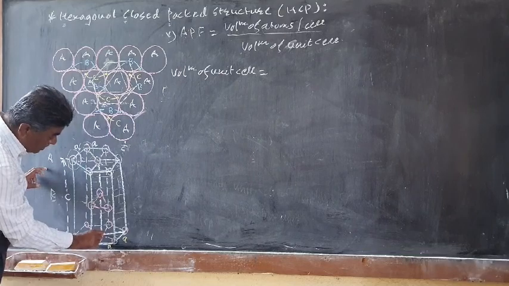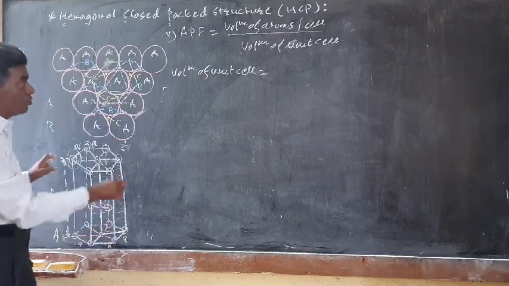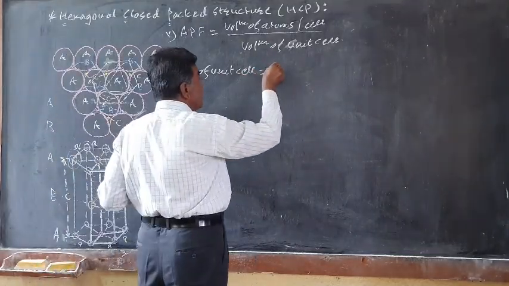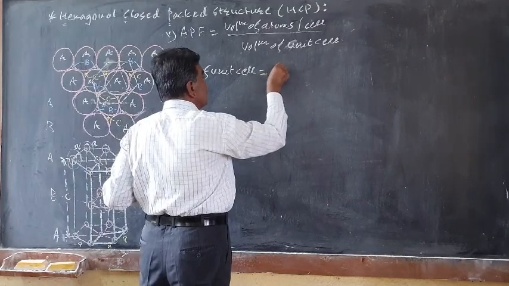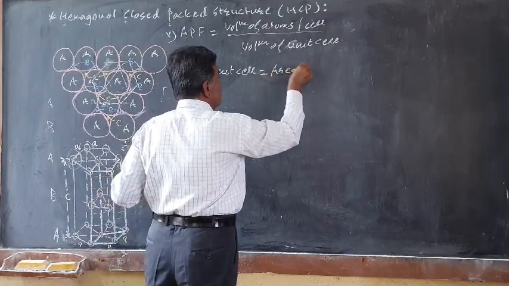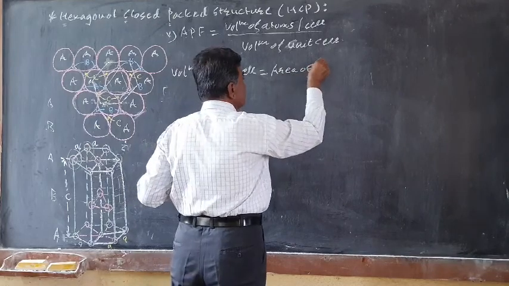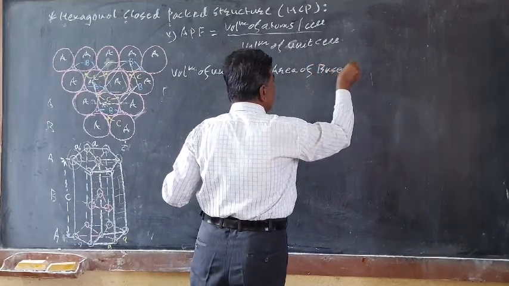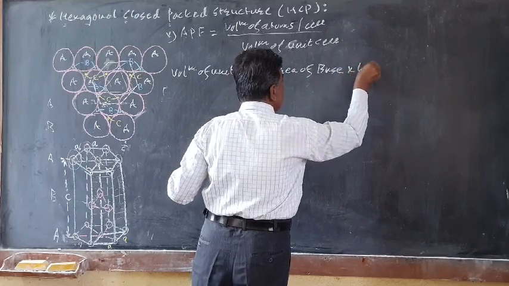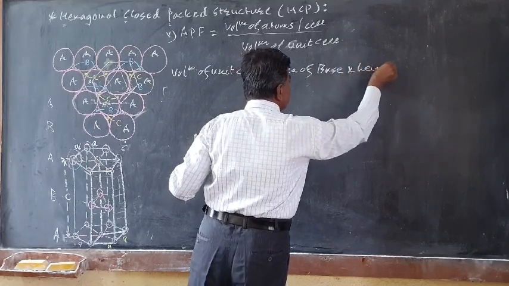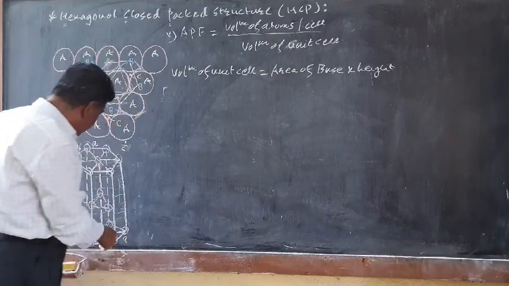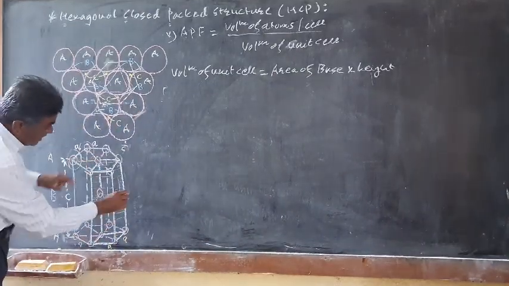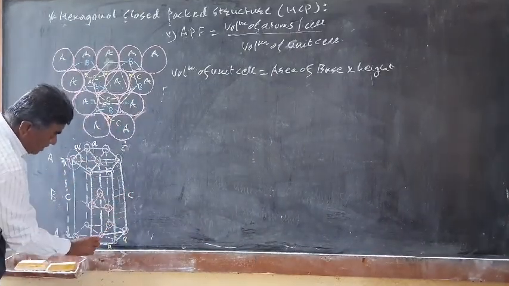The volume of the unit cell is equal to the area of the base into the hexagonal height. This height is C.